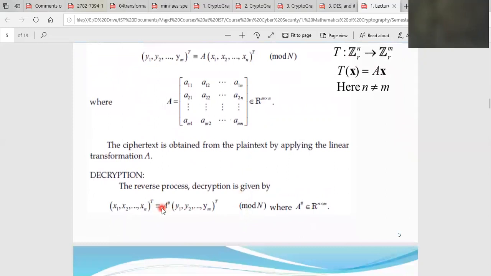In decryption, we have to get back our input, means plain text x1, x2 up to xn. The cipher is multiplied with the inverse of this matrix. This is not just a traditional inverse. This is basically the pseudo-inverse multiplied with the cipher. The cipher is an M cross 1 column vector, and this is an N cross M matrix. So we multiply and get back our plain text.